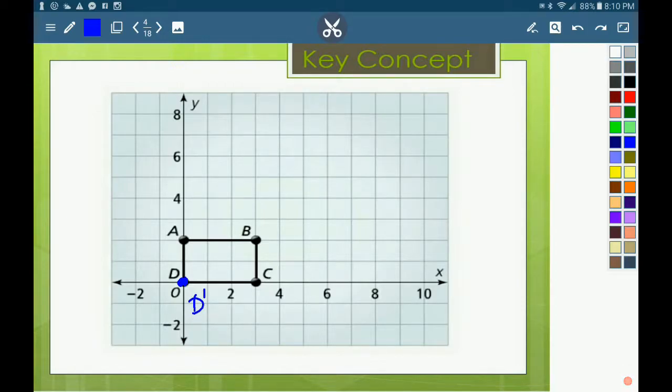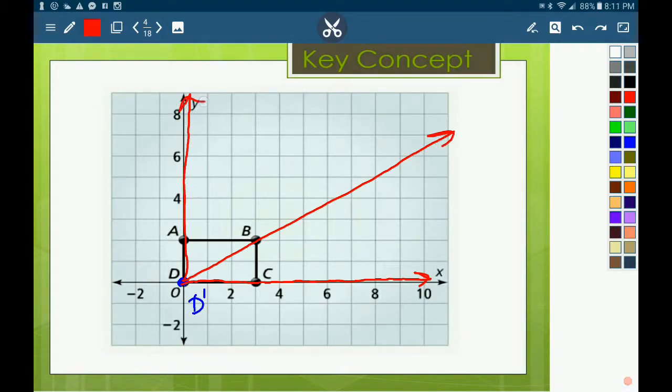But if we wanted to enlarge this image to be 2 times as big, again, you want to draw straight lines from the center of dilation through all of the vertices, as straight as you possibly can. And then you're going to shift the points down those lines.